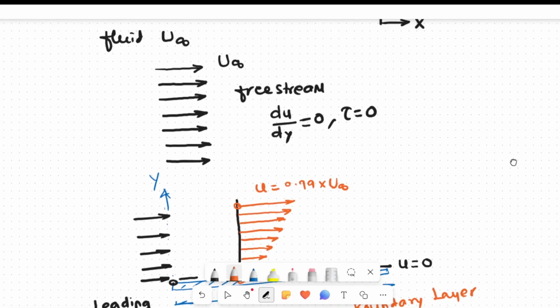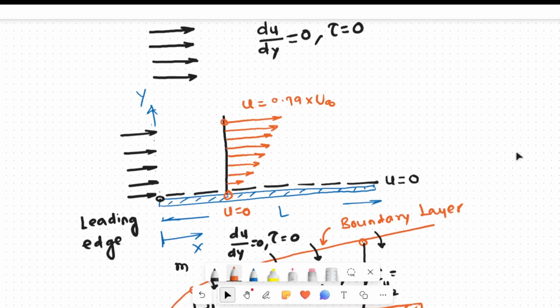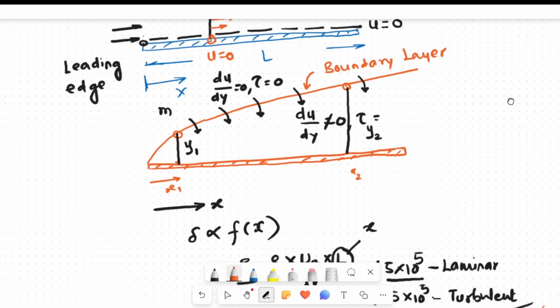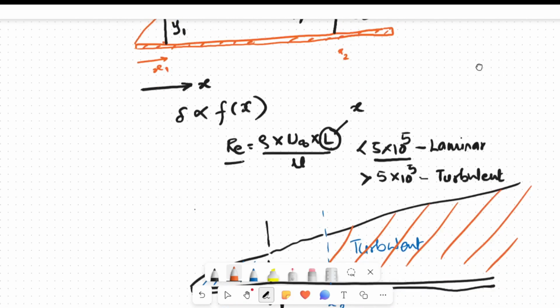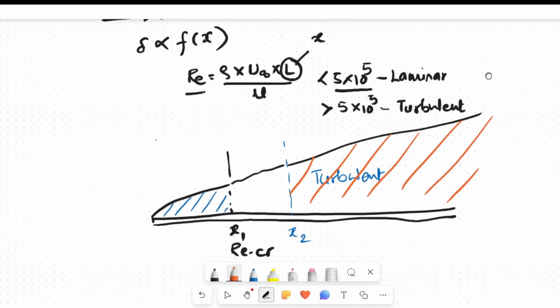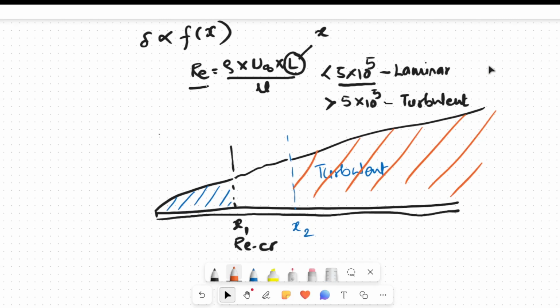We had discussion about the free stream velocity and the variation of the shear stress inside the boundary layer and outside the boundary layer, and the factor on which the boundary layer depends. In the next session, we'll talk about the various boundary layer thicknesses, that is displacement thickness, momentum thickness, and energy thickness.